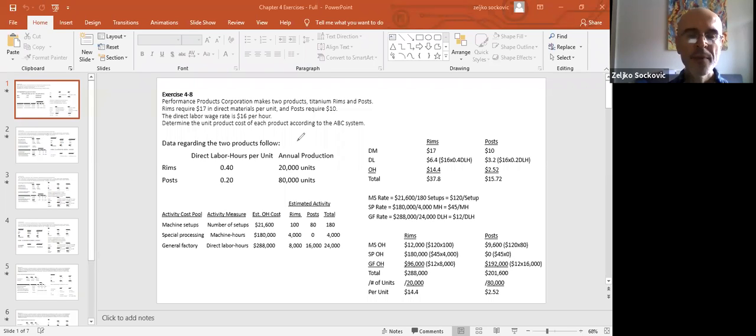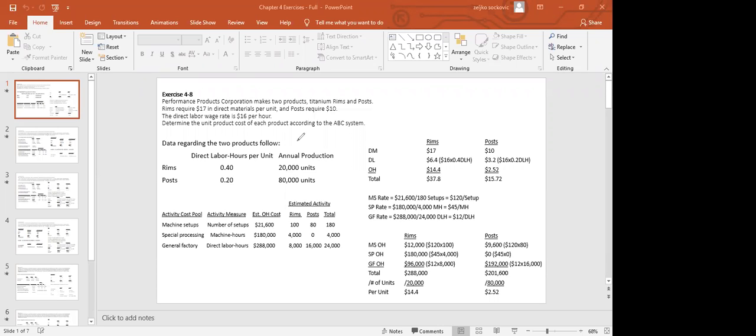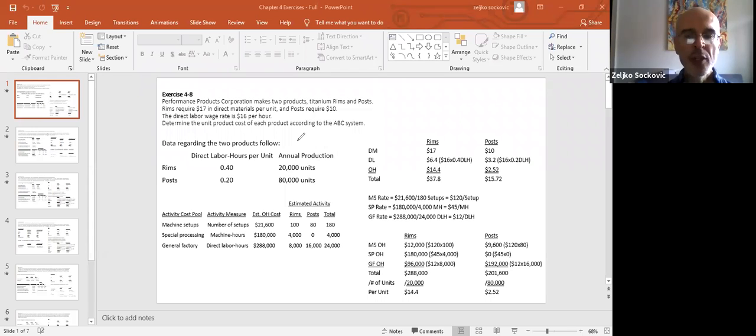Okay, very good. If we are looking for product cost, what do we always need anyway? Direct material, direct labor, overhead. Okay, very good. Which overhead? Applied, actual, which overhead? Applied.